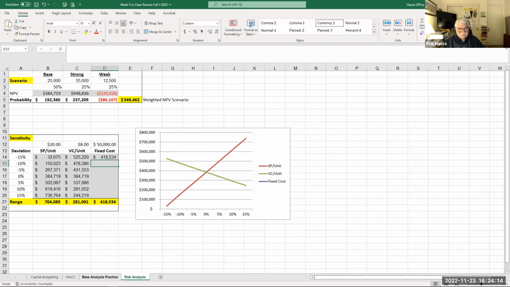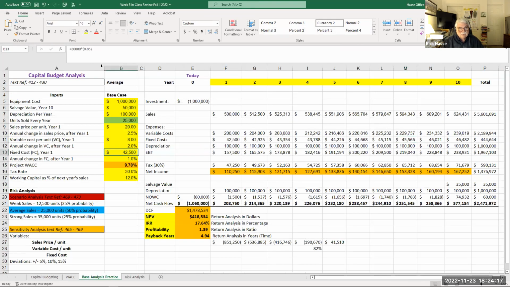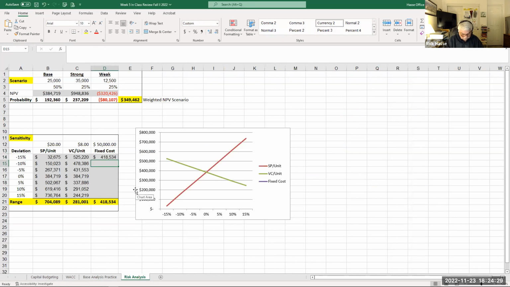Now let's reduce our fixed costs by 10%, 50,000 times 0.9. There we go, 407,262. And now our line starts taking shape.